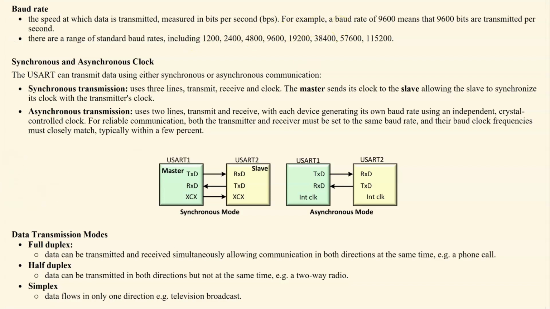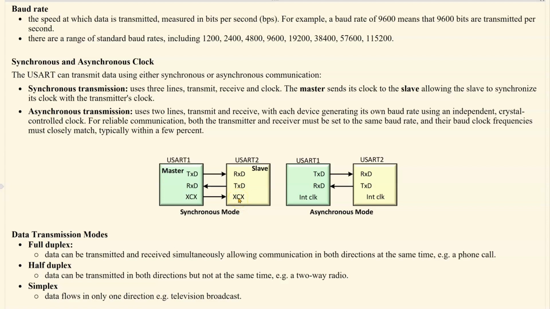The USART can transmit either in synchronous mode or asynchronous mode. In synchronous mode, we have 3 lines: the transmit, receive, and the clock. The master sends the clock to the slave, and the slave will lock its own clock to the transmitter clock.